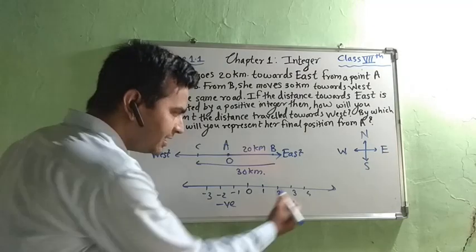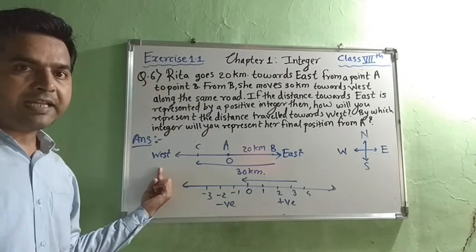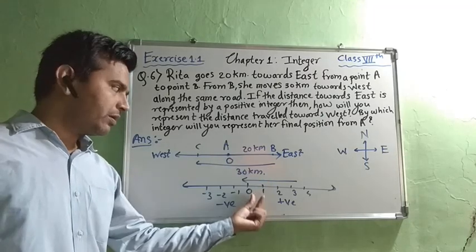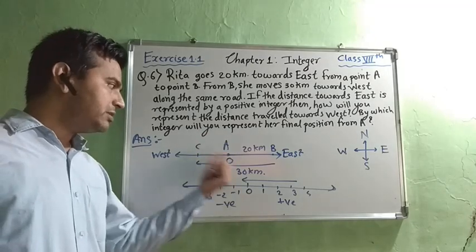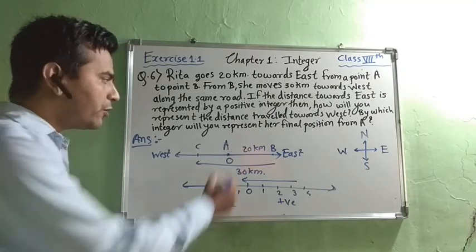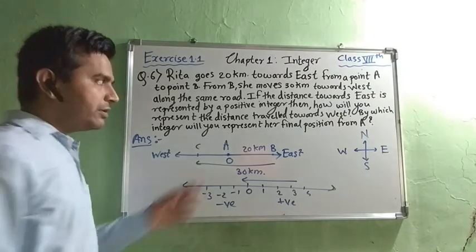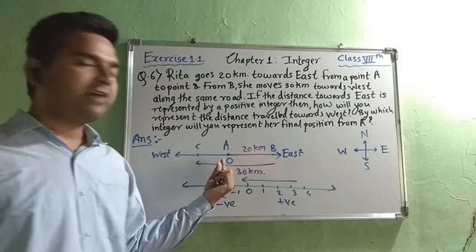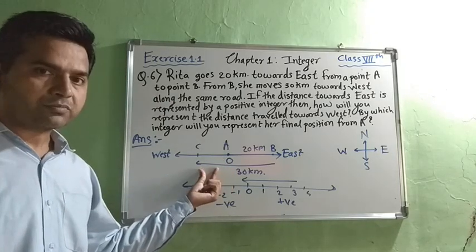So when she moves towards west, at that time we have to subtract this distance. Look here, it is 20, and after that when she moves again, it is 30. Means 30 minus 20 is 10. So from point A to C, the final position from the last point is 10.